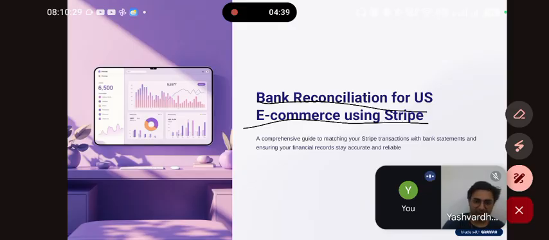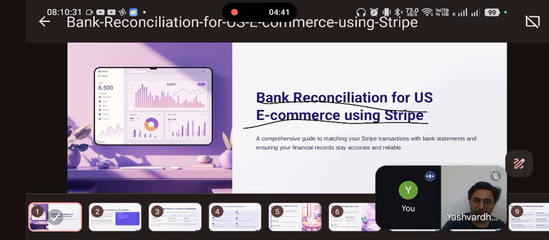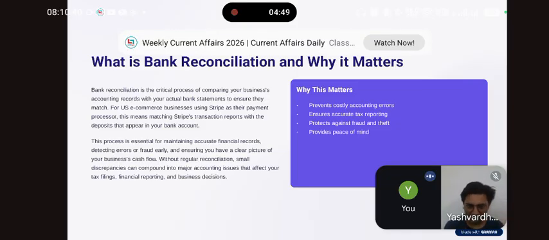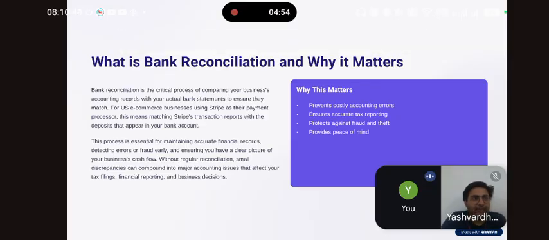First of all, bank reconciliation is a very simple concept. Imagine there is a company named Chintu Limited. Chintu Limited has its bank account in HDFC Bank, and there is a company named Chinti Limited. Funny name.